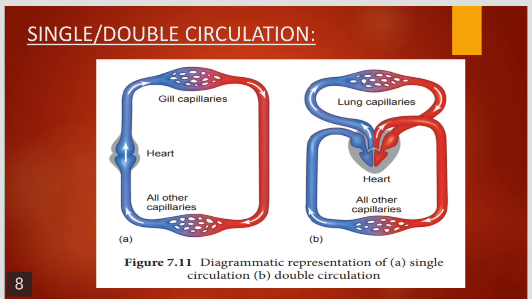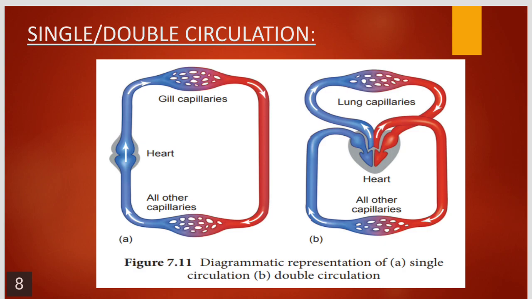Now the heart will pump the oxygenated blood to the aorta, from where it will go to all parts of the body. So basically the heart is receiving the blood twice. I hope the concept is clear.